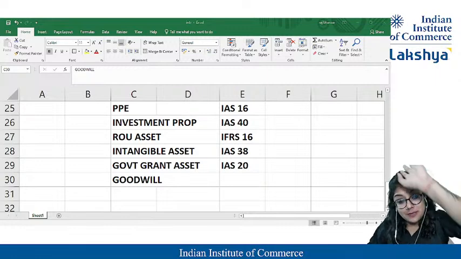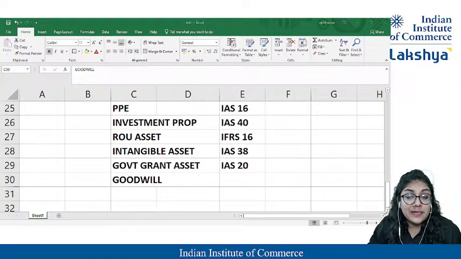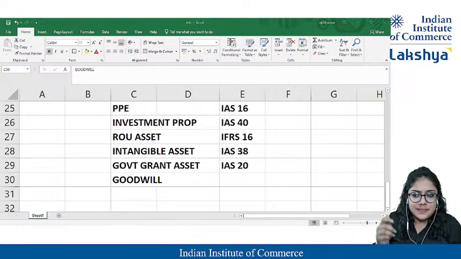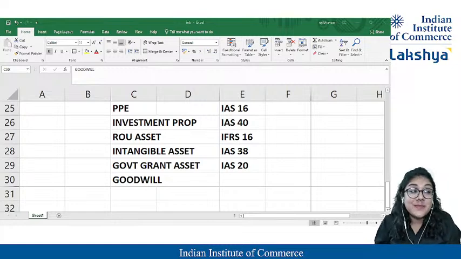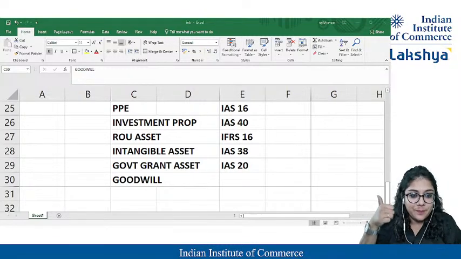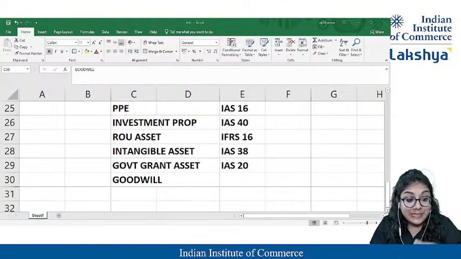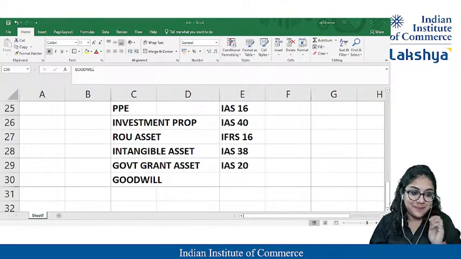In the initial years, we used to record internally generated goodwill also. That means if I thought my company's reputation is superb, let me book a goodwill. It was okay before, but today it is not allowed. Whatever you are generating internally is not acceptable.